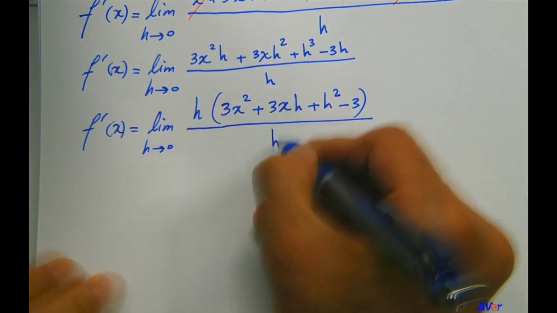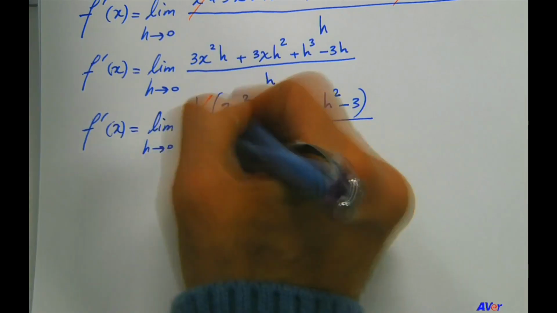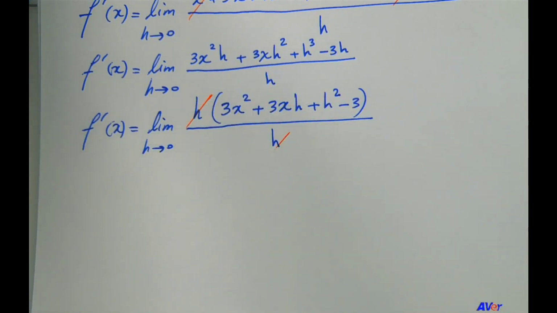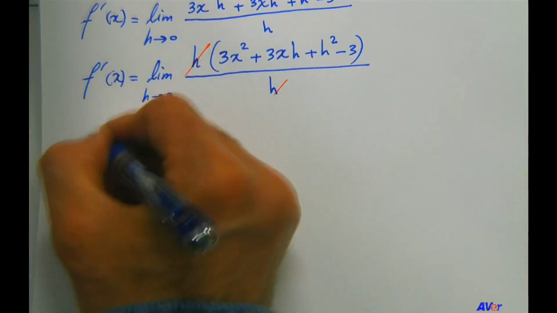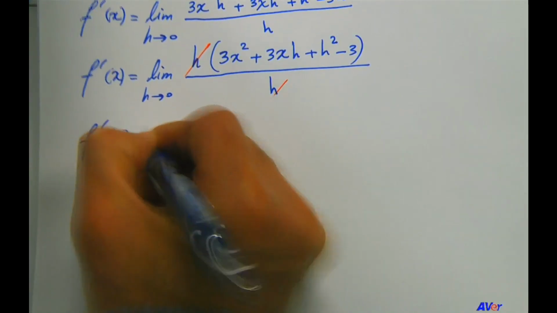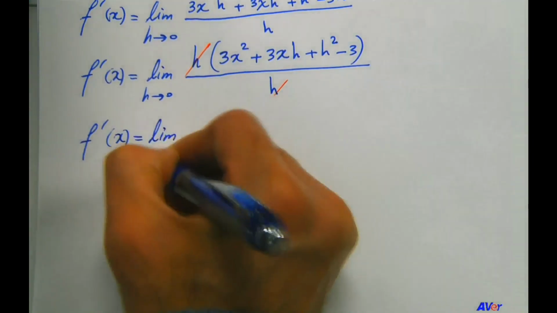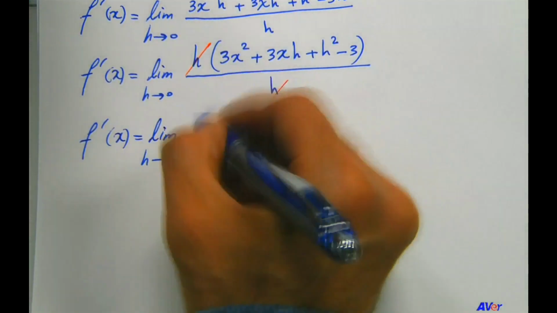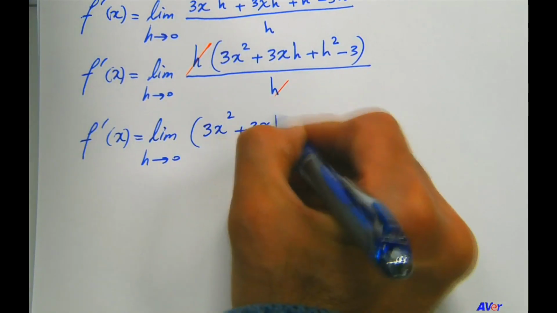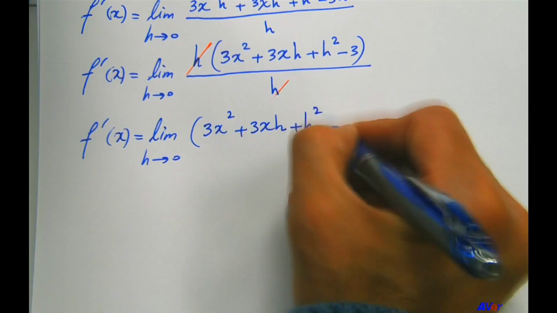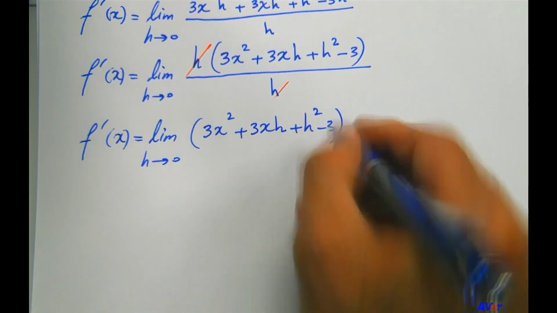So over h, and of course the h's cancel each other out, and we end up with f prime of x equals 3x squared plus 3xh plus h squared minus 3.